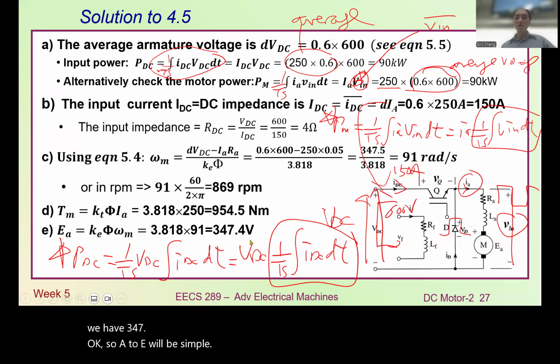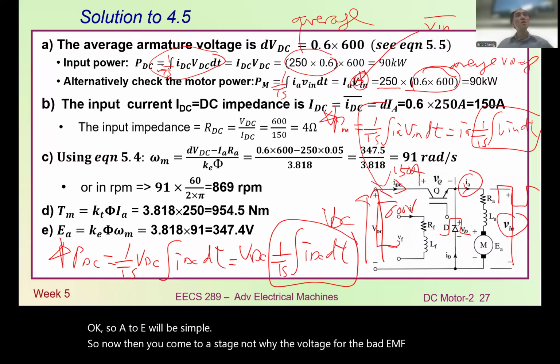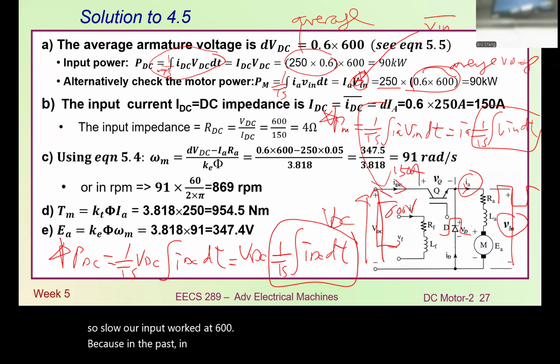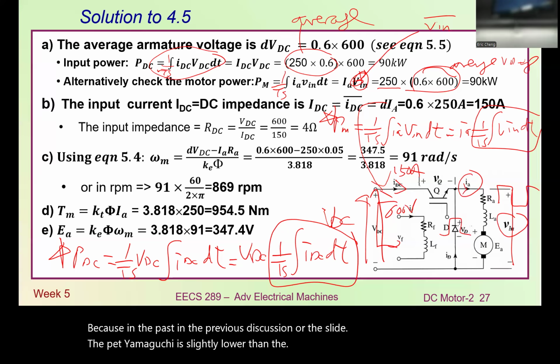So now you come to a stage where you ask why the voltage for the back EMF is 347, so low. Our input voltage is 600. Because in the past, in the previous discussion or slide, the back EMF was usually slightly lower than the DC voltage, right? Only lower by 10% or at most 20%.